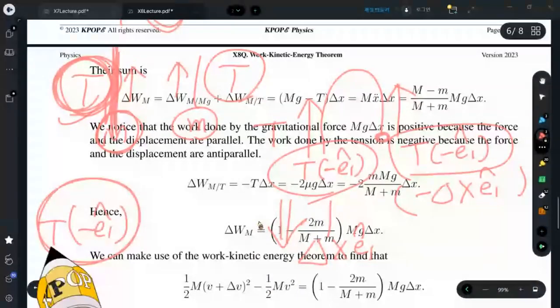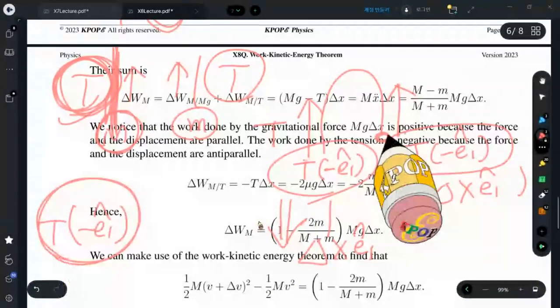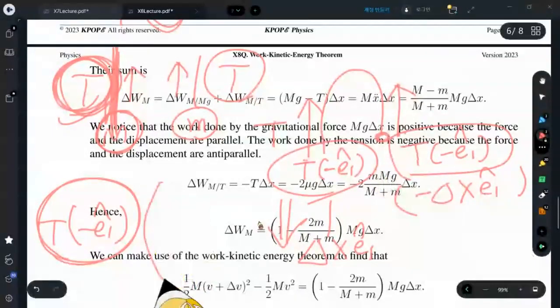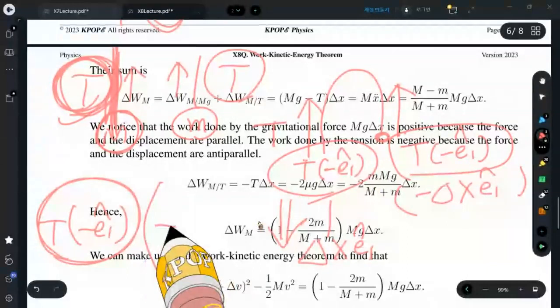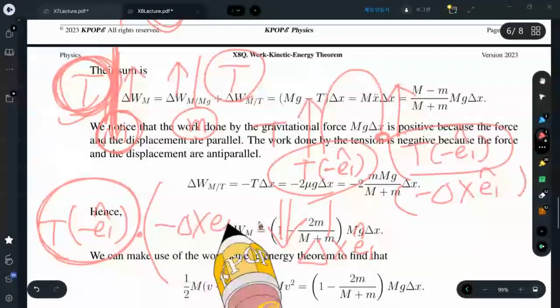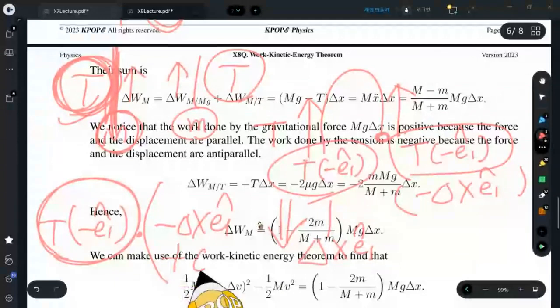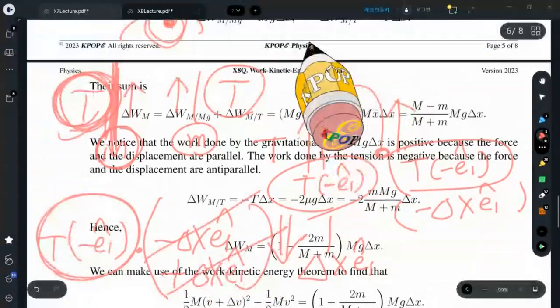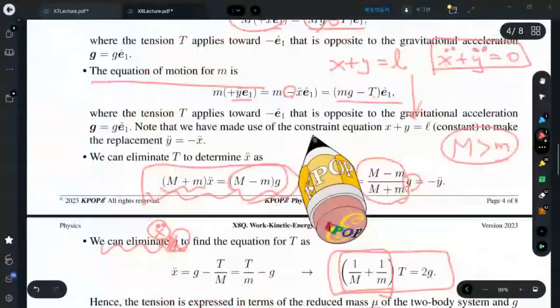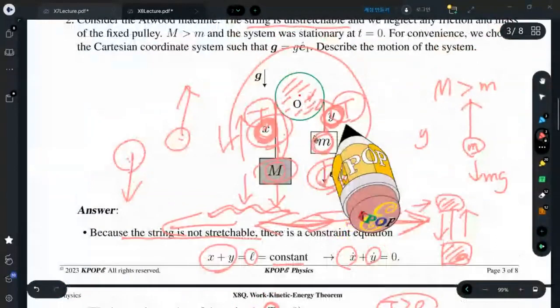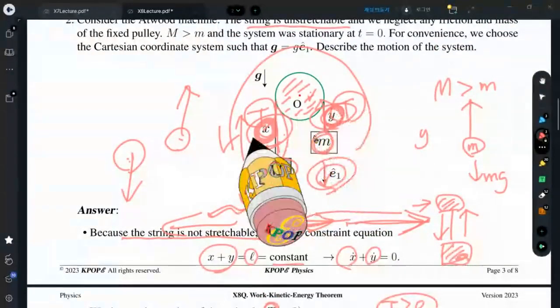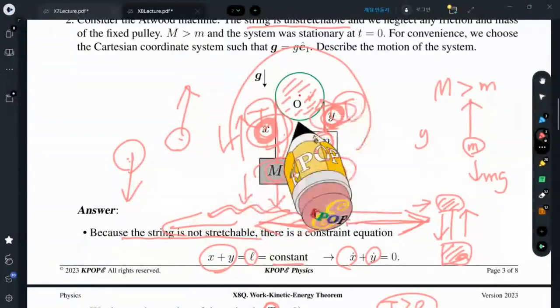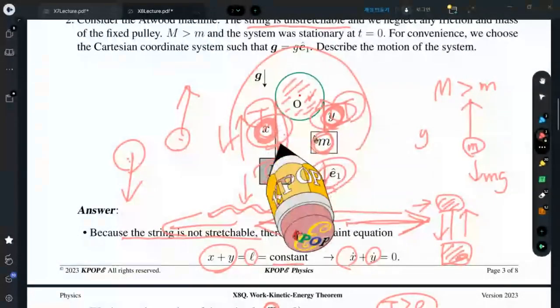This is the tension on both sides, and they are factored out, and we need to add them up. Scalar product delta x e1 hat plus delta x e1 hat. They cancel exactly. Therefore, these two tensions do work, but in effect, the sum of the work done by these two tensions cancels exactly.